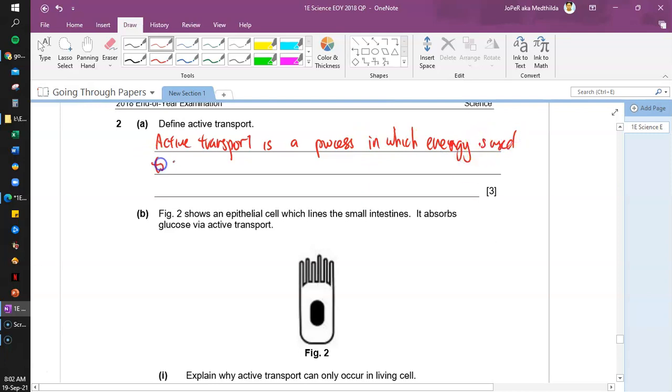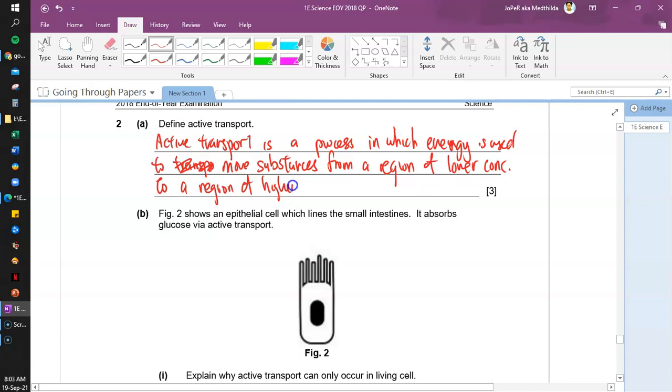It is used to transport, or to move, substances from a region of lower concentration to a region of higher concentration, against a concentration gradient. So 3 marks here. Please write down the full definition.